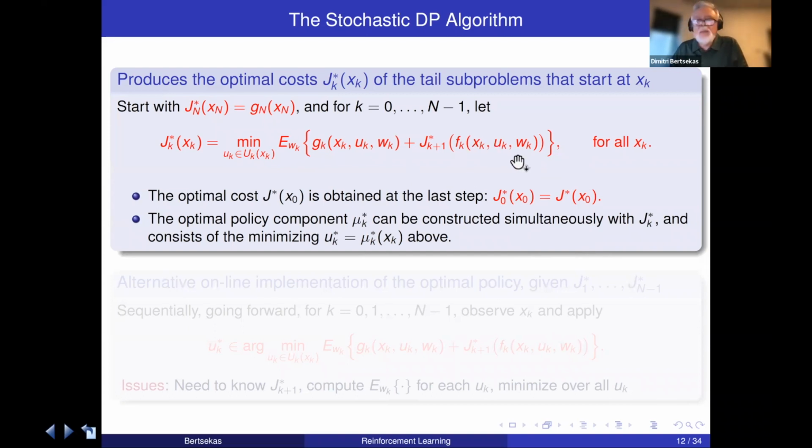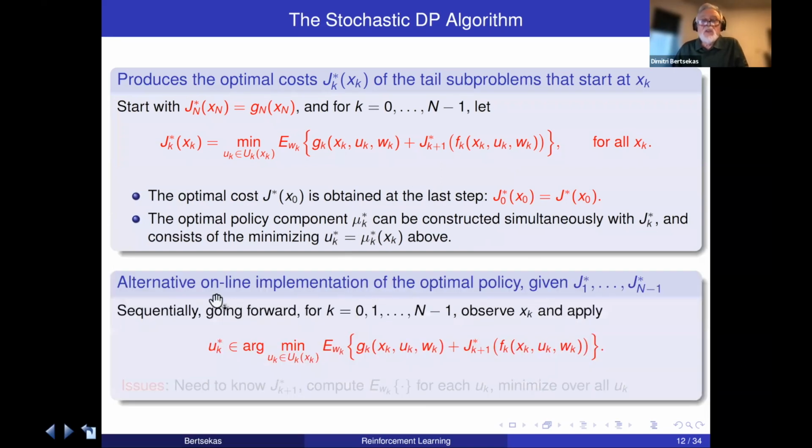However, there's another way to obtain the optimal policy, or to implement the optimal policy, that does not require storage of these uk stars. Suppose that we have computed all the J stars, and now we want to implement online the optimal policy. We sequentially go forward. For every stage, we observe the current state and we apply the minimizing control.